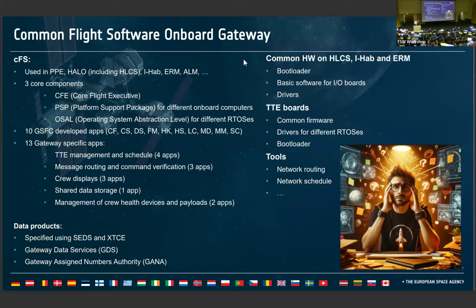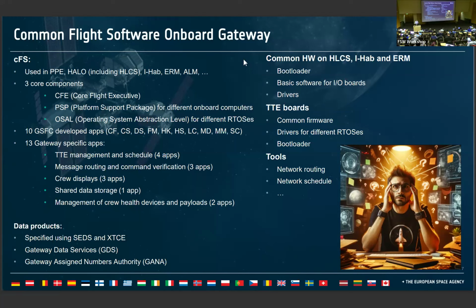Then we use some data products, and I will talk about it later. We use the CCSDS electronic data sheets and XTCE. There is a common tool which is used to manage these data products, called Gateway Data Services.